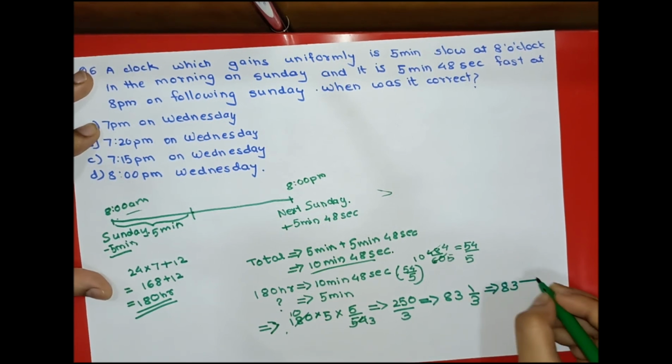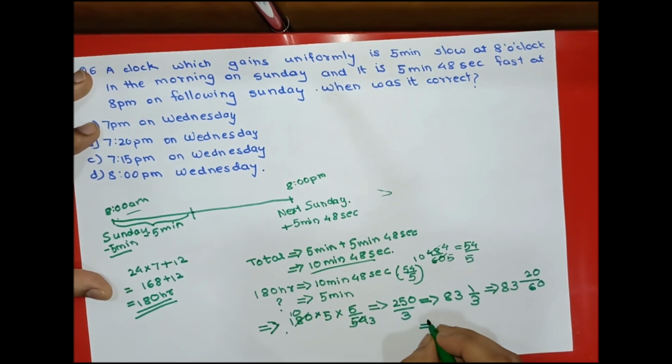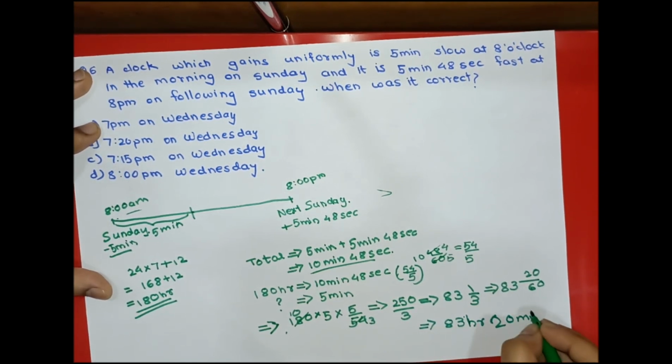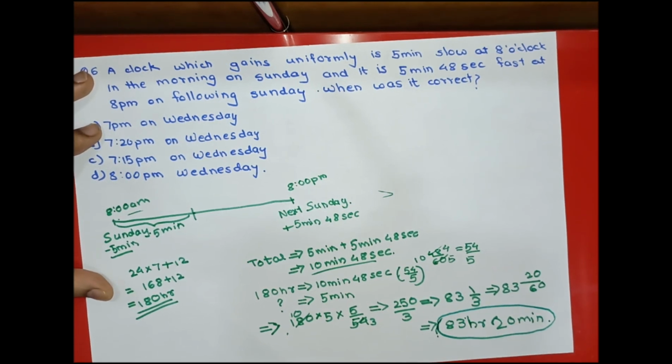This 1 by 3 can be written as 20 by 60, just multiplying by 20 in both numerator and denominator, so you can write it as 83 hours and 20 minutes. To gain 5 minutes, it requires 83 hours 20 minutes.